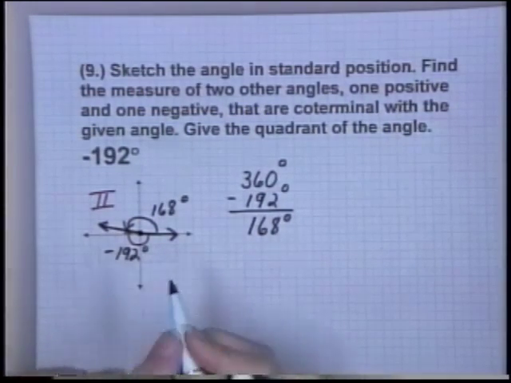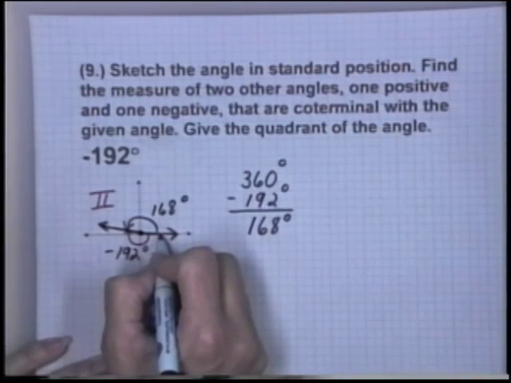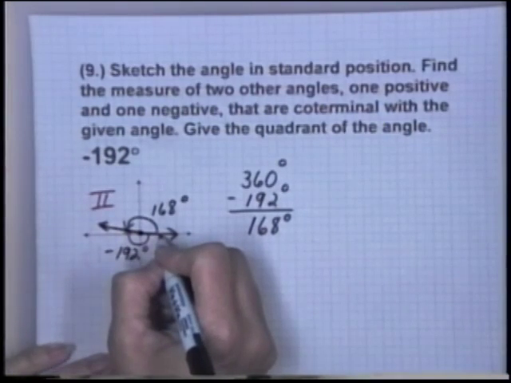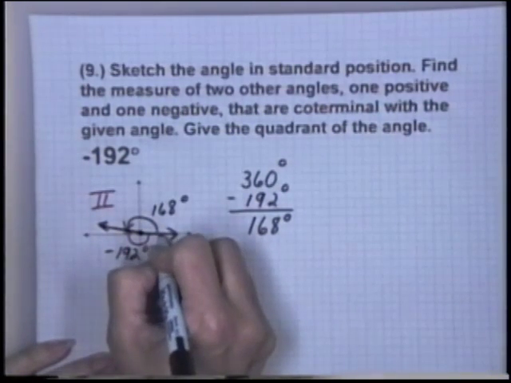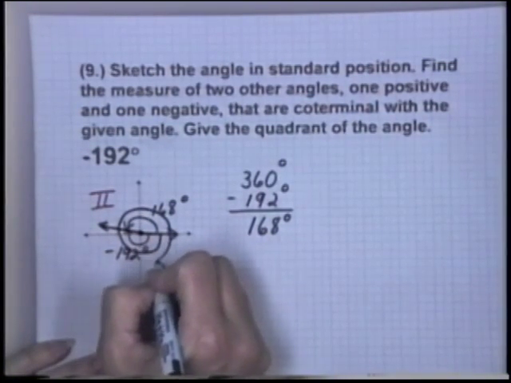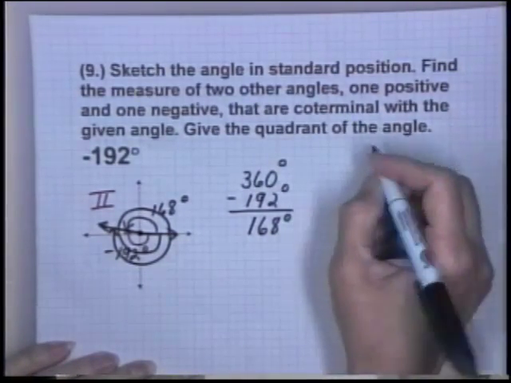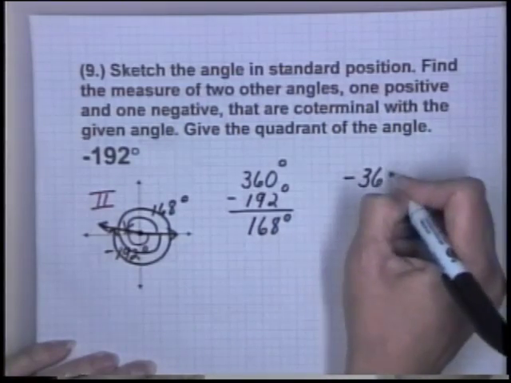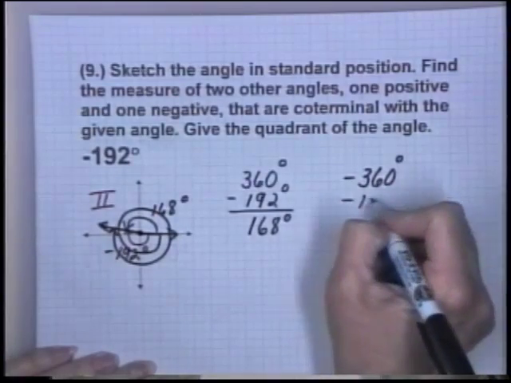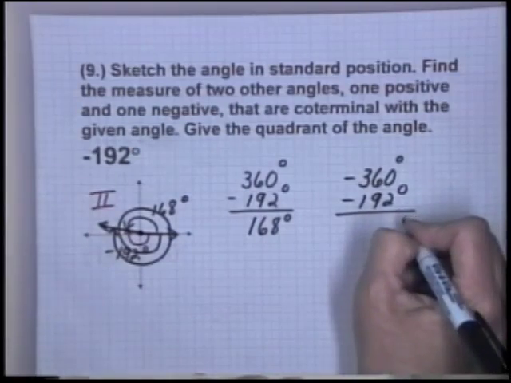Now, we're supposed to find a negative angle that's coterminal with negative 192. Well, here's what we're going to do. We will start with this initial side, and we know since it's negative that we will have to move in a clockwise direction. So we will go all the way around, which would be 360 plus another 192 around. So what we've got here is negative 360 because we went all the way around in a clockwise direction, and then another negative 192.